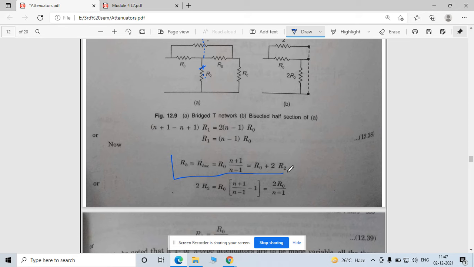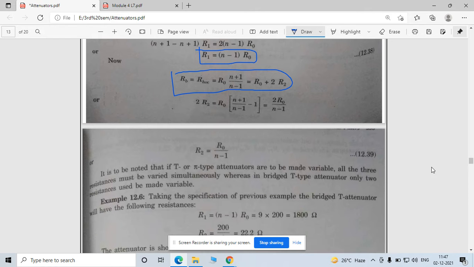So this is a standard equation, and R1 is nothing but your n minus 1 into R naught. When you solve this, you will find this R2 is nothing but your R naught by n minus 1.